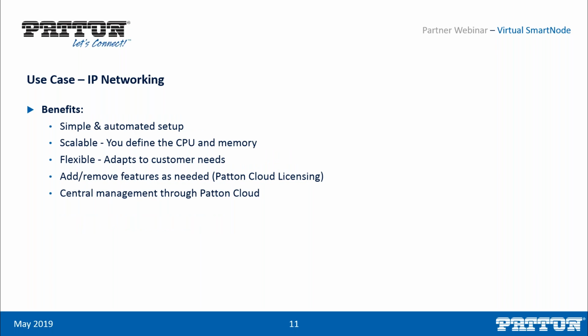Again, the benefits: it's simple to set up and can be automated to a large extent, talking about zero-touch provisioning. It's very scalable, as you or your system integrator define how much CPU performance and memory to allow for the virtual SmartNode. And it's very flexible, as you'll see using the licensing out of the Patent Cloud. It adapts to any use case the customer has.